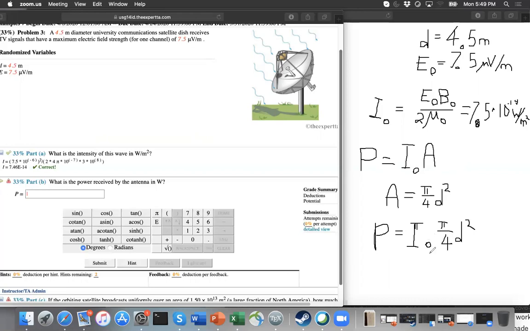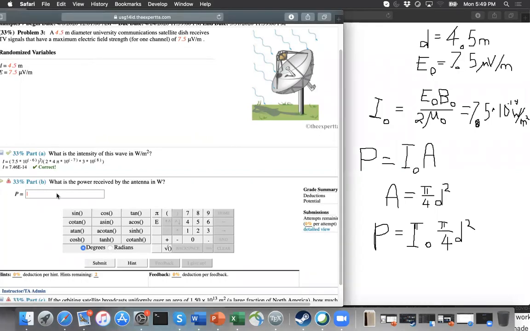Okay, we got everything we need. We know I naught, it's written right here. We know d, it's written right here. Everything else is a constant. We should be able to make this work. So let's try it.